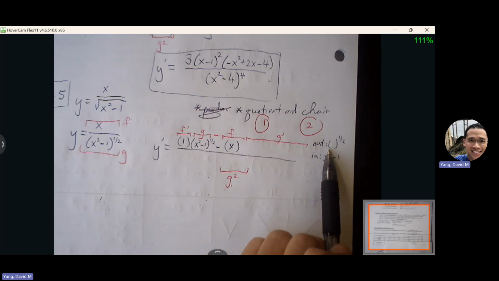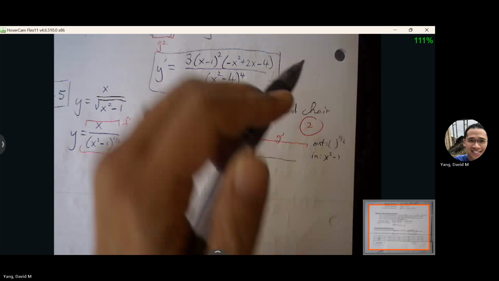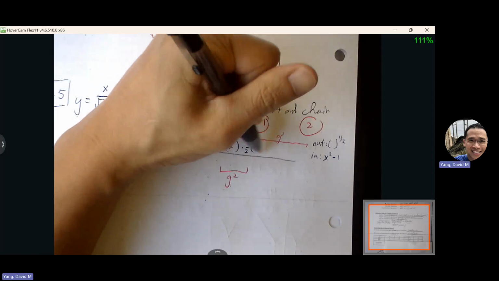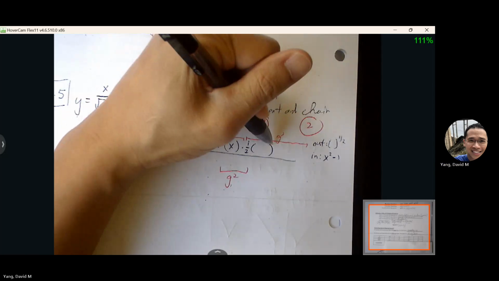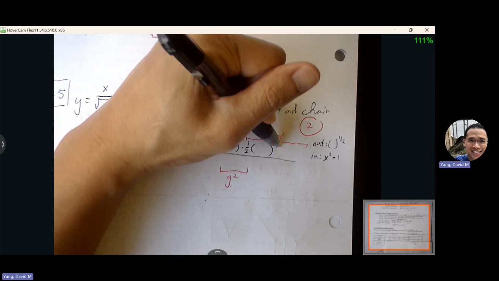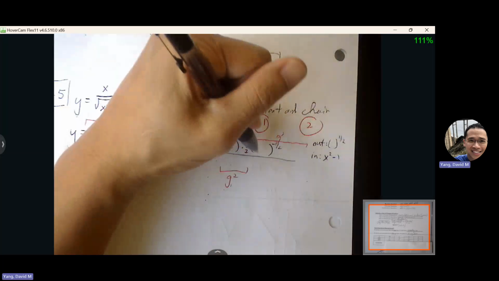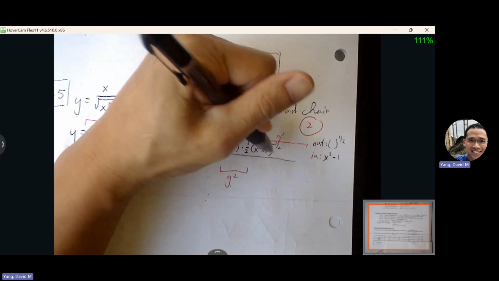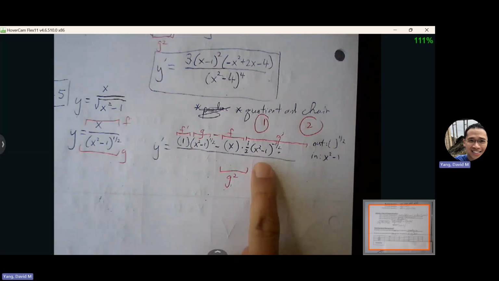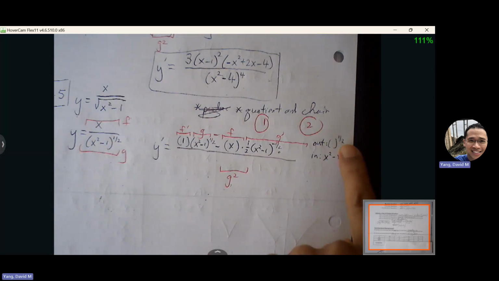Right? What's the outside component's derivative? 1/2 parentheses to the negative 1/2. What goes inside? X squared minus 1. Okay, so we're done with the outside components. How is that doing chain?